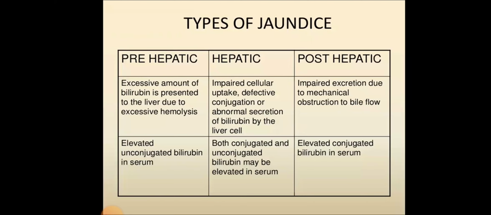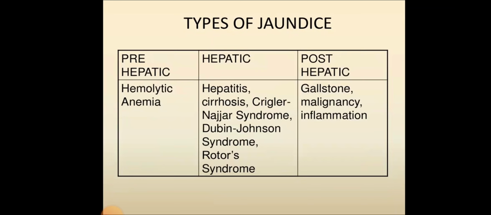So the three types of jaundice are prehepatic or hemolytic jaundice, hepatic or hepatocellular jaundice, and post-hepatic or cholestatic or obstructive jaundice. Here is the urine color, which I said: in prehepatic the urine color will be normal, in hepatic it will be dark, in post-hepatic it will be dark.